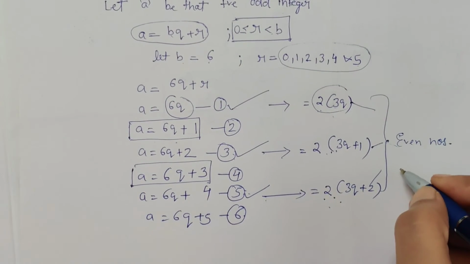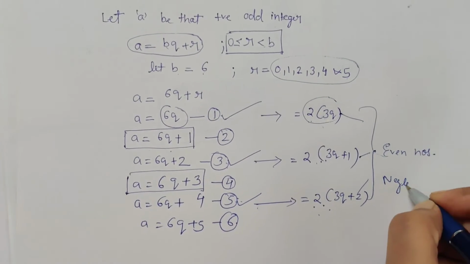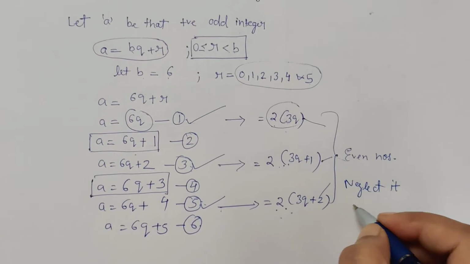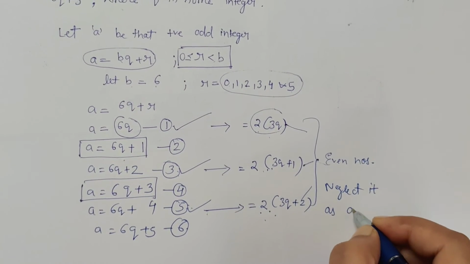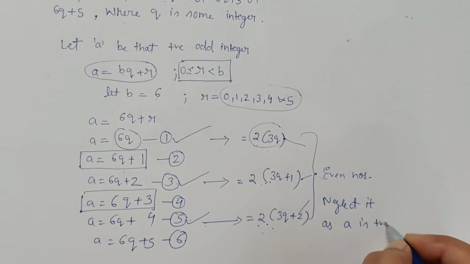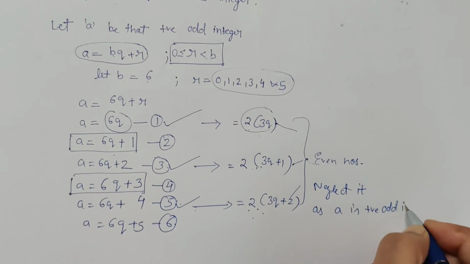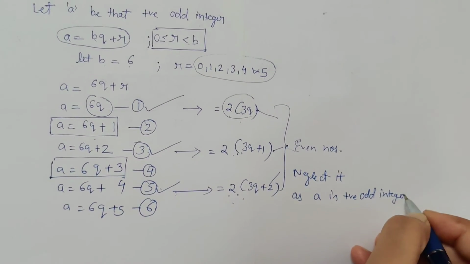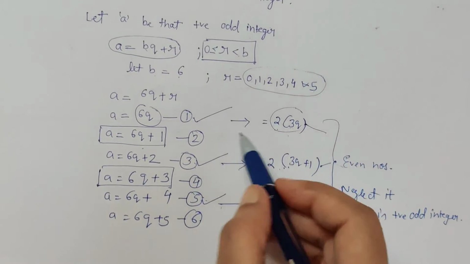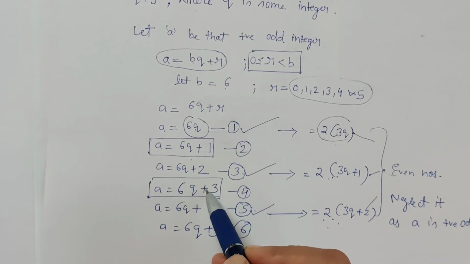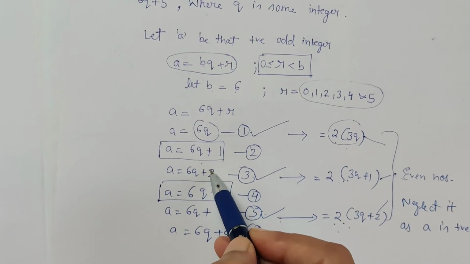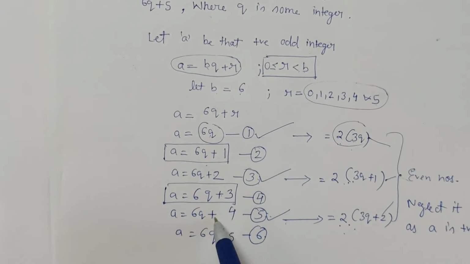So we will write: neglect it as a is a positive odd integer. Give the reason why you are neglecting it. A is a positive odd integer, so we have neglected these three cases: 6q, 6q plus 2 and 6q plus 4.